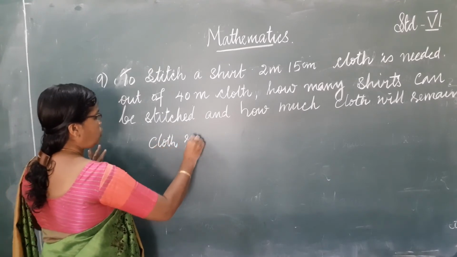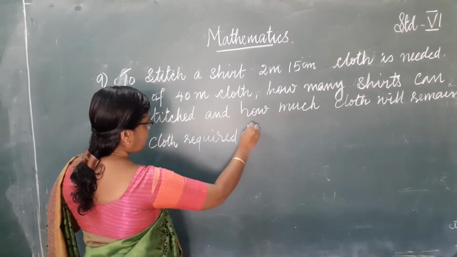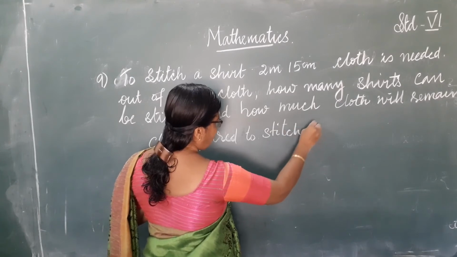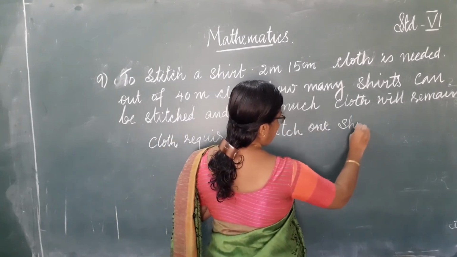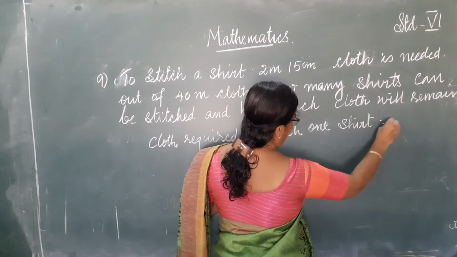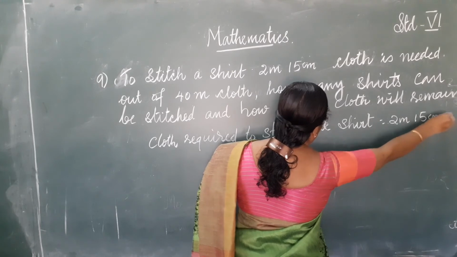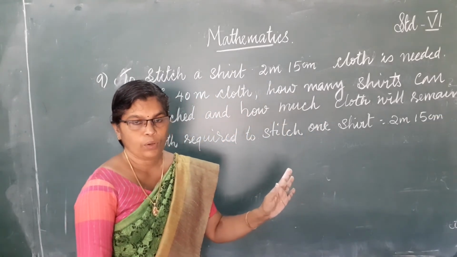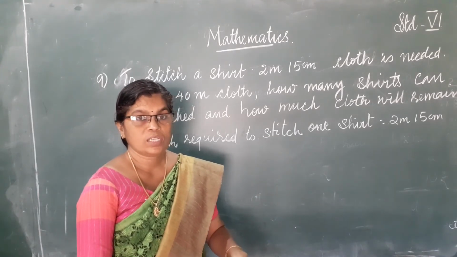Cloth required to stitch one shirt is equal to 2 meter 15 centimeter. So we have to convert this into centimeter.